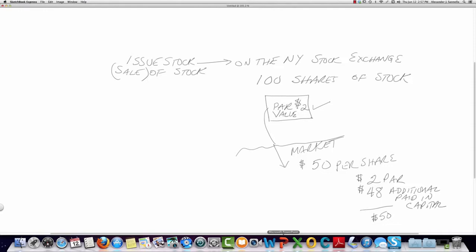The total amount of $50 is contributed capital, so the total amount per share is contributed capital. So contributed capital is 50 with a par of 2, and paid in capital over par or additional paid in capital is going to be $48 per share.